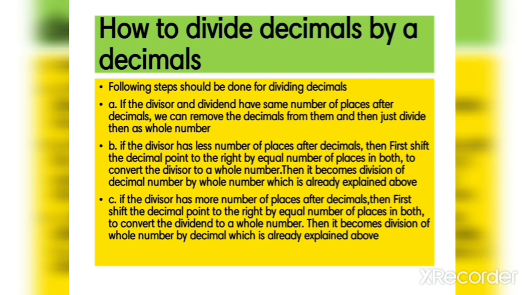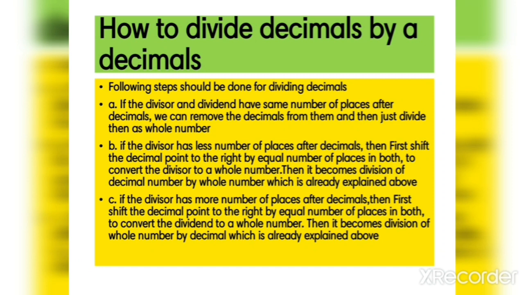And the last point to learn is how to divide decimals by a decimal. Here are the steps. If the divisor and dividend have the same number of places after the decimal, we can remove the decimals from them and then just divide them as whole numbers.